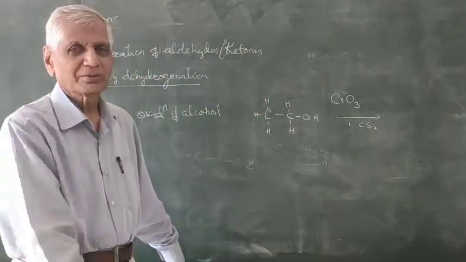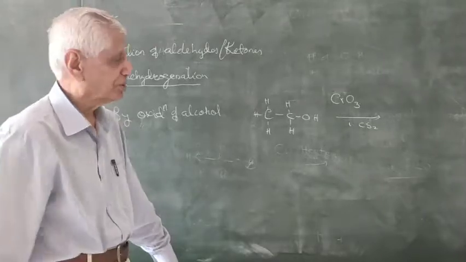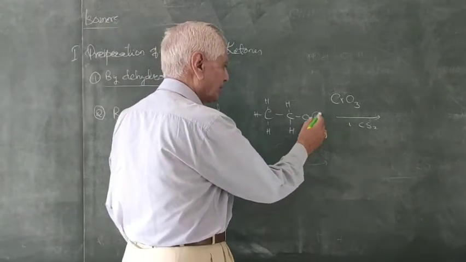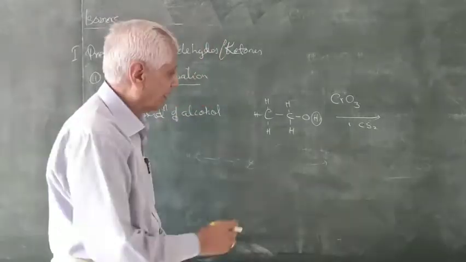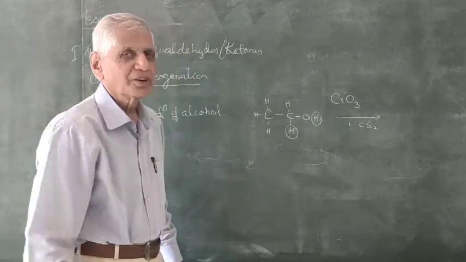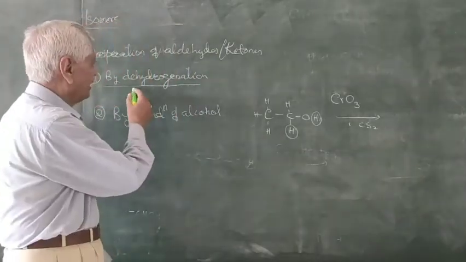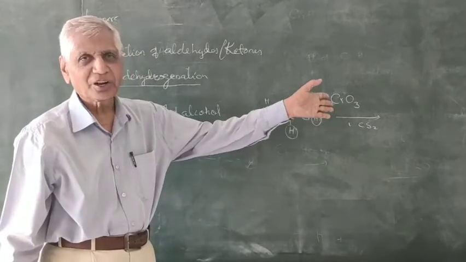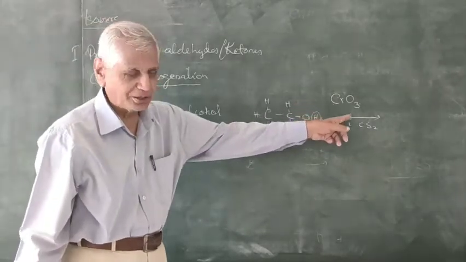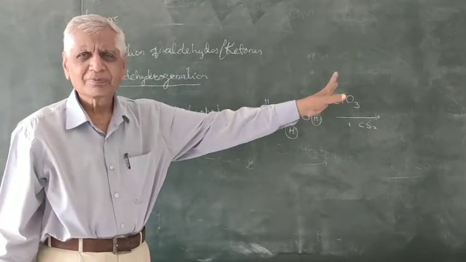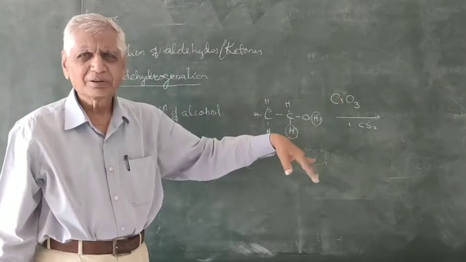CS2 is a solvent; you have to carry out the reaction with a solvent. So what happens here? The same thing takes place: the H of the OH group and the alpha hydrogen are removed. Since CrO3 is the oxidizing agent, it will supply oxygen. These two hydrogens are removed along with the oxygen. That is the only thing.